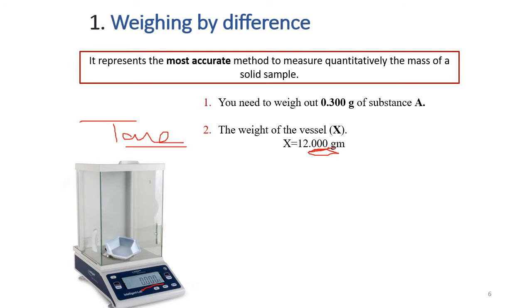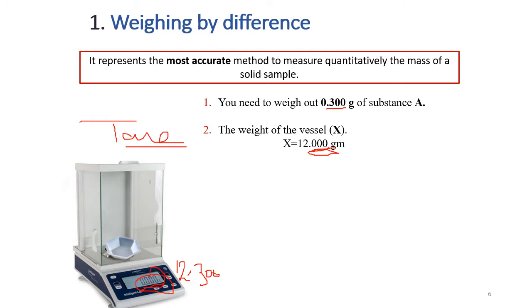I will just record it because I will leave it on the balance and I will check. If it's 12 grams and I will need to add 0.3 grams, then I will keep on adding the powder till I find the reading of the balance reached 12.3. Okay?